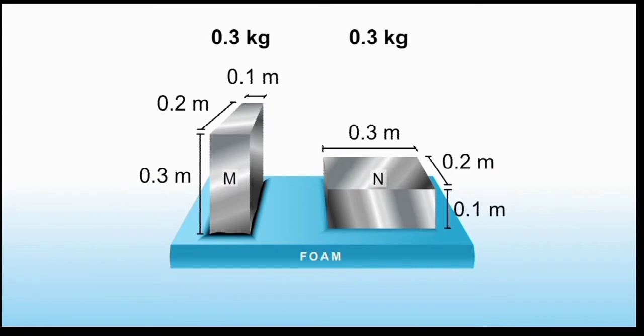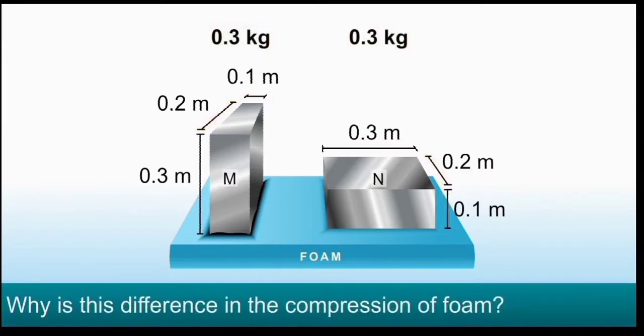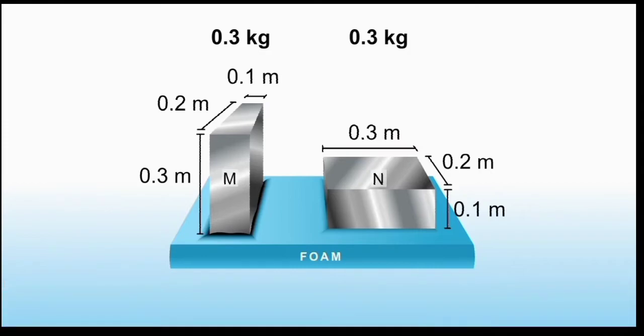Considering that both the blocks have the same length, breadth, thickness, and weight, why do you think we see this difference in the compression of foam? This difference can be attributed to the difference in pressure exerted by each block.